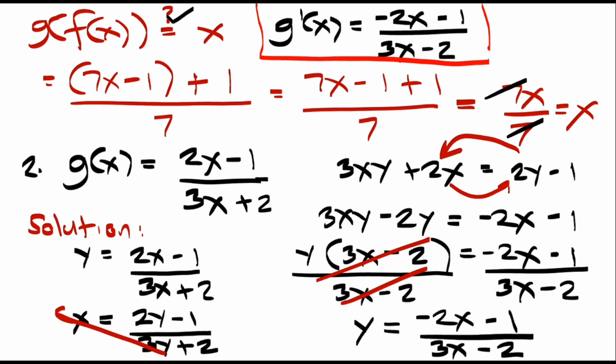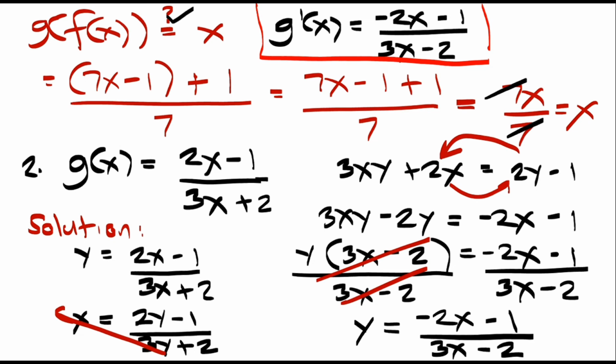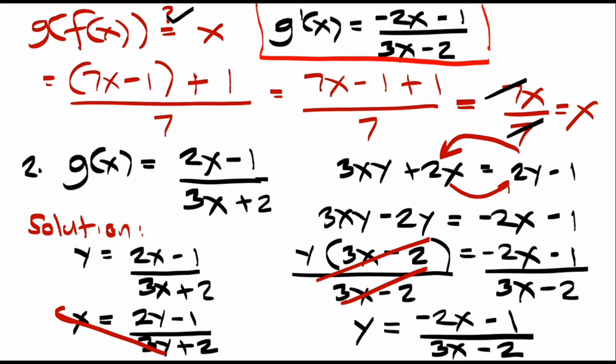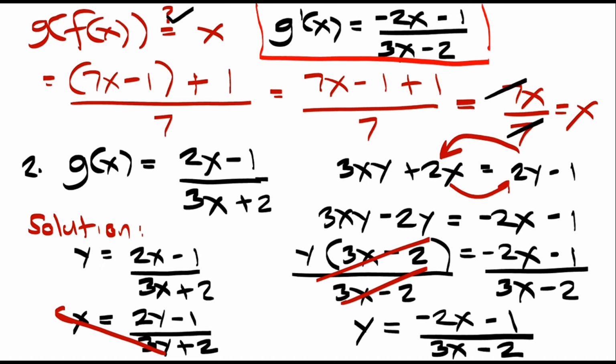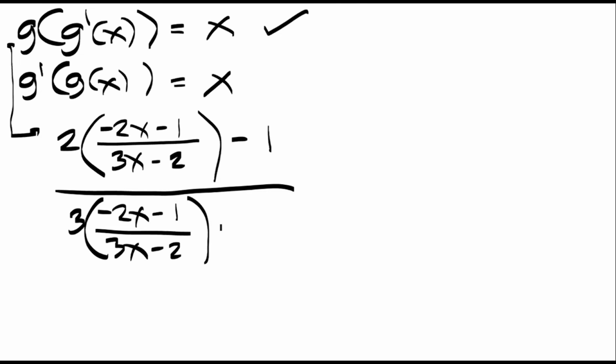From our example, g of x is 2x minus 1, so that would be 2, and then the variable will be replaced by g prime of x, which is negative 2x minus 1 all over 3x minus 2, and then that would be minus 1, all over 3 times x, and again x will be replaced by negative 2x minus 1 all over 3x minus 2, and then we have plus 2.